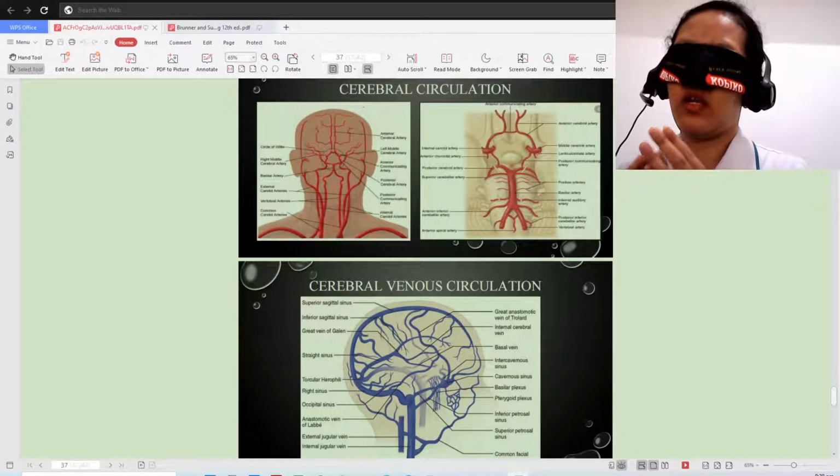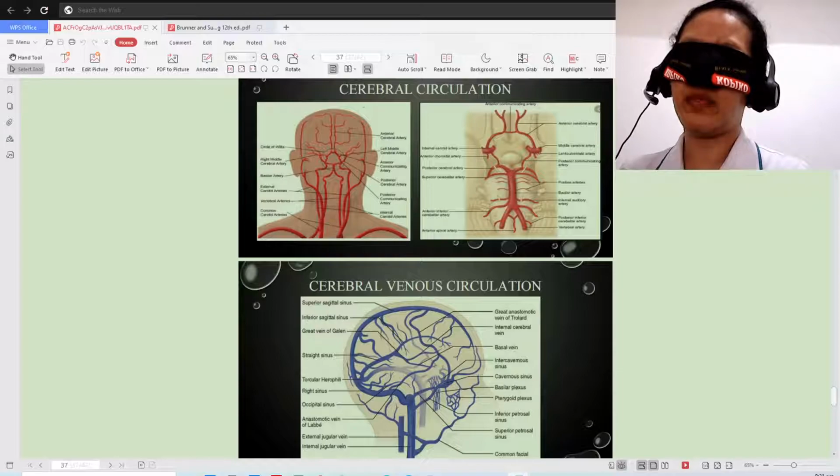And then the internal auditory artery, also known as the labyrinthine artery, supplies blood to the inner ear. And then the anterior inferior cerebellar artery supplies blood to the anteroinferior surface of the cerebellum.